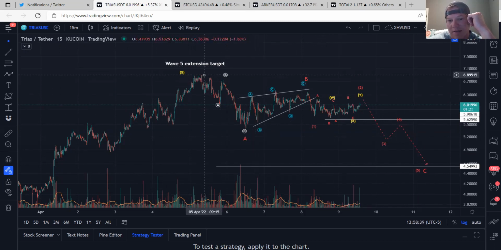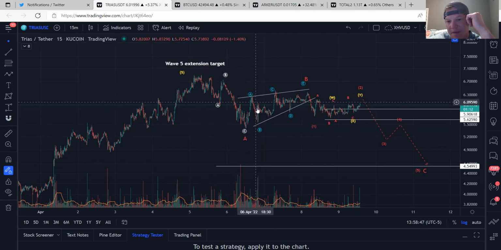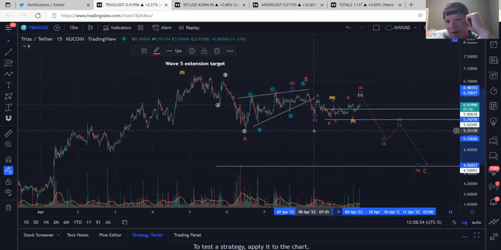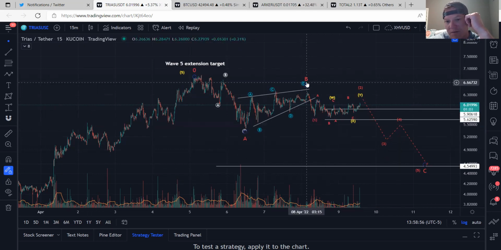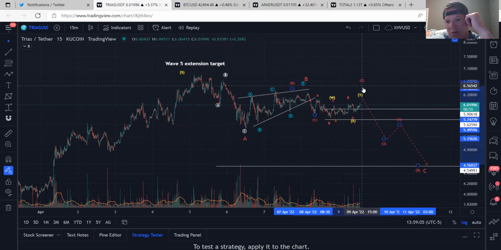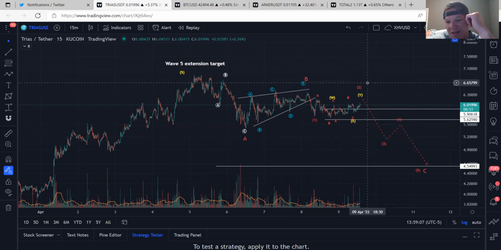But either way, if this is a larger correction, or a deeper correction, I should say, this is the count I see, which is an ABC putting in your A, and then this is a triangle B wave, A, B, C, D, E. And then we have our impulsive structure possibly down being a 1, and then this being an ABC WXY to create our B wave, which would put in our 2, where it's actually not a B wave, it's a WXY.